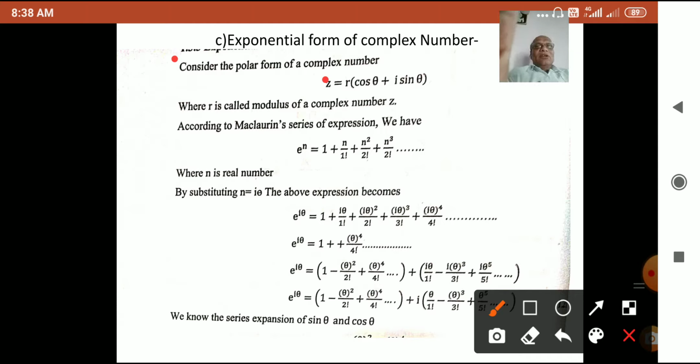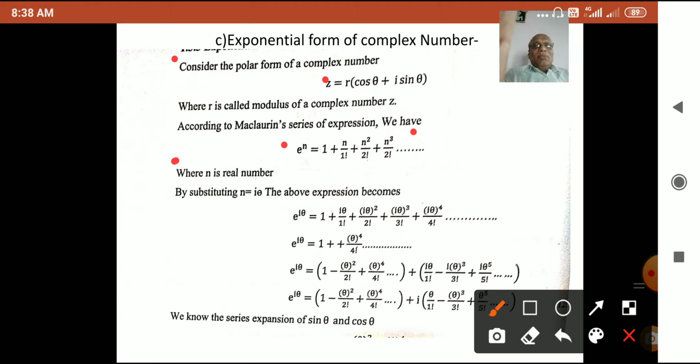Now using the Maclaurin series expansion, the Maclaurin series is eⁿ = 1 + n/1! + n²/2! + n³/3! and so on, where n is a real number.